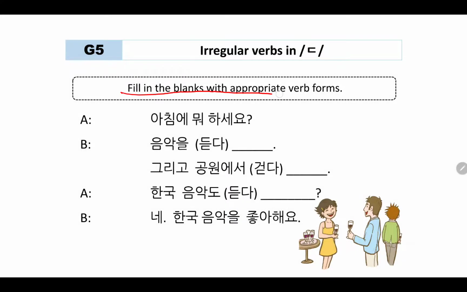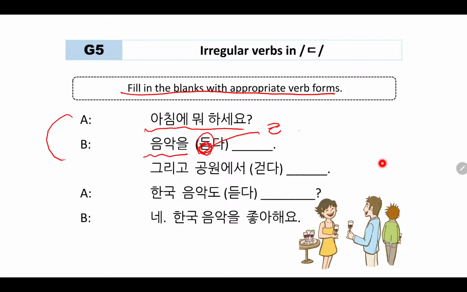Fill in the blanks with appropriate verb forms. So A is asking, 아침에 뭐 하세요? What do you do in the morning? 음악을 듣다. So you want to say, I listen to music. Then since this 듣 stem has 디귿 받침, this becomes 리을, right?